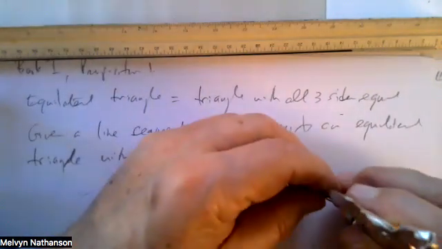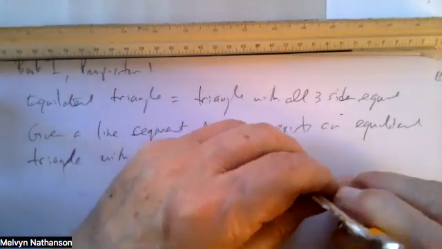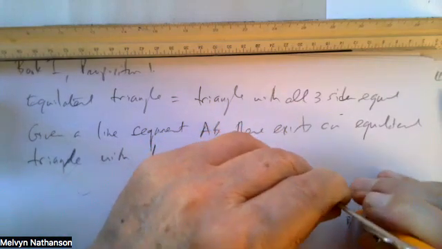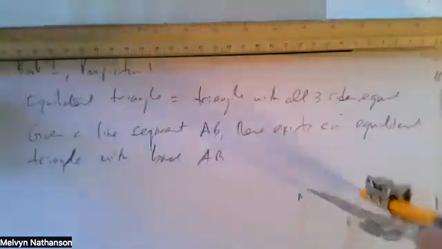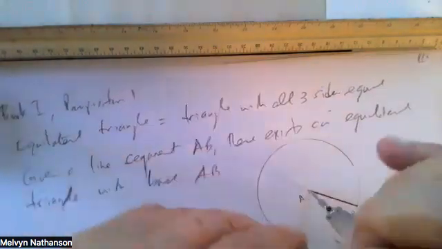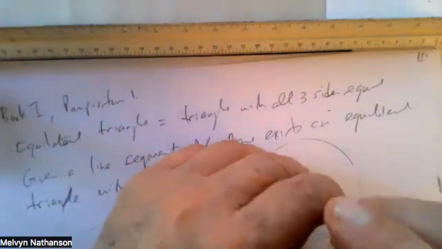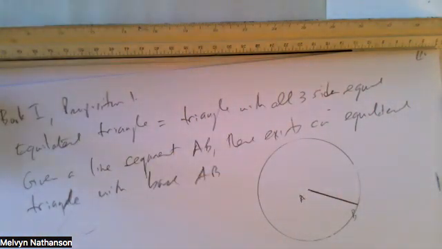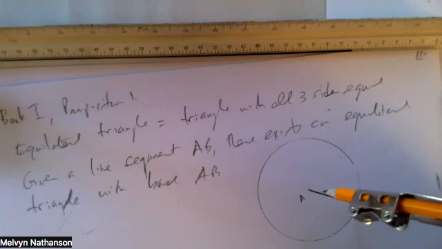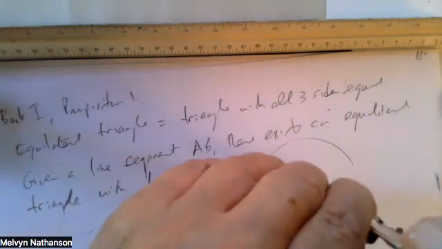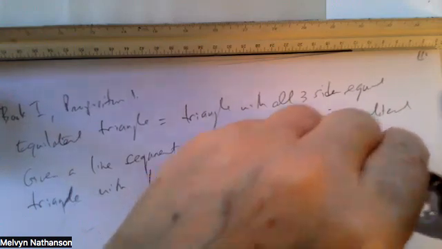With your compass, using A as the center, and AB as the radius, draw the circle. Draw a second circle, this time using B as the center, and AB still as the radius.